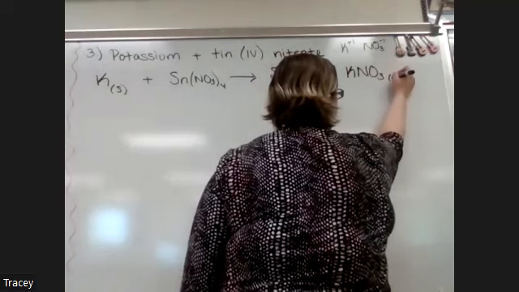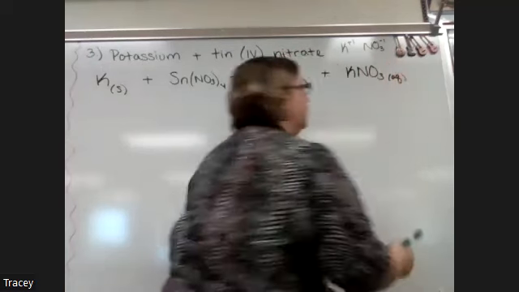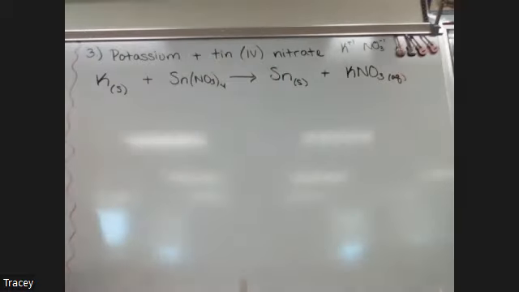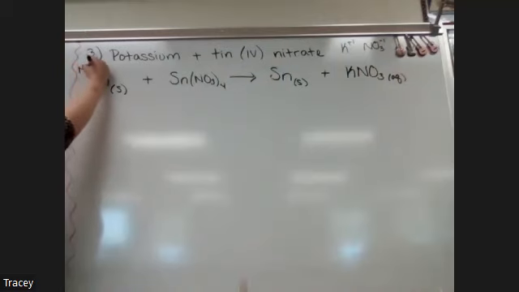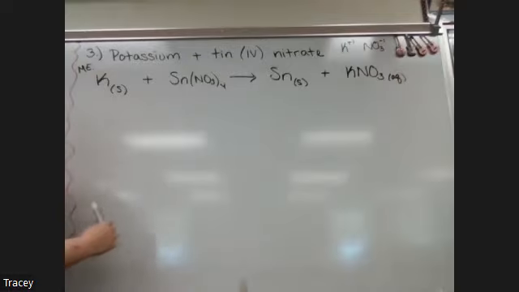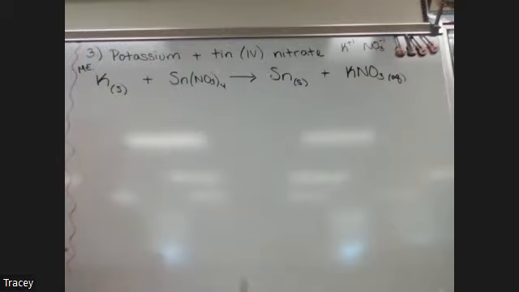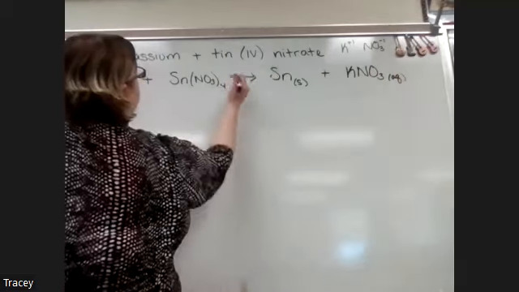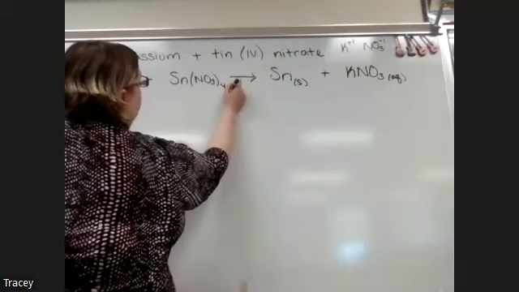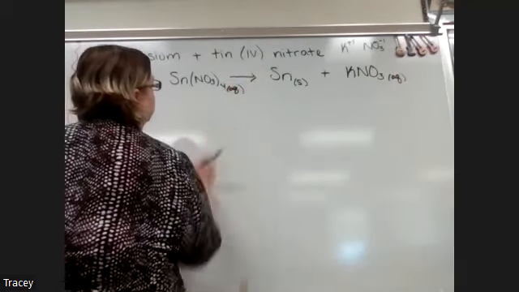And it's a compound in a single replacement reaction, so it's aqueous. Now that's what we call the molecular equation. I'm going to abbreviate molecular equation ME. We need to balance it because a molecular equation always has the phases, and I noticed I forgot a phase. Sn(NO3)4, it's a compound in a single replacement reaction, so it's aqueous.